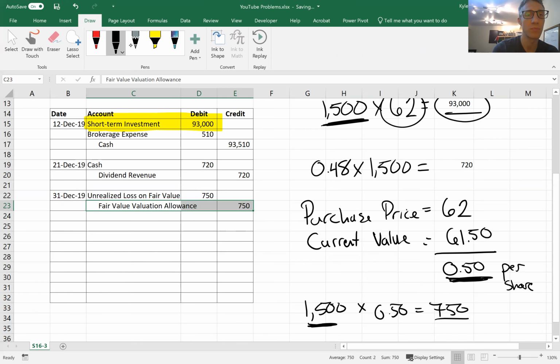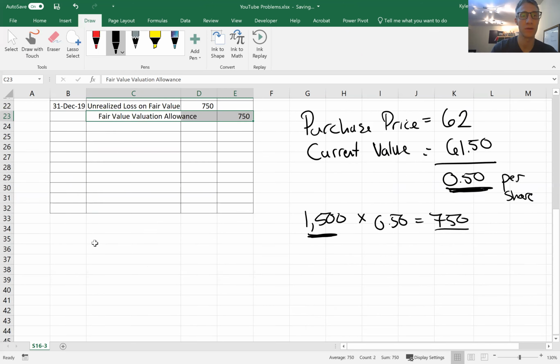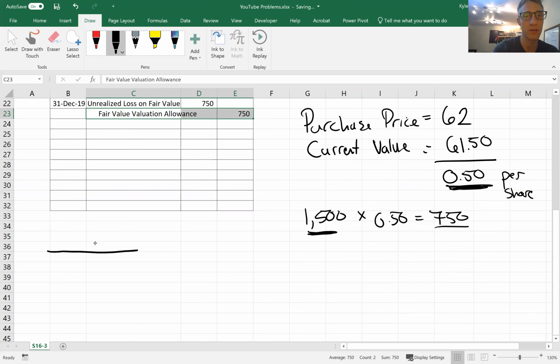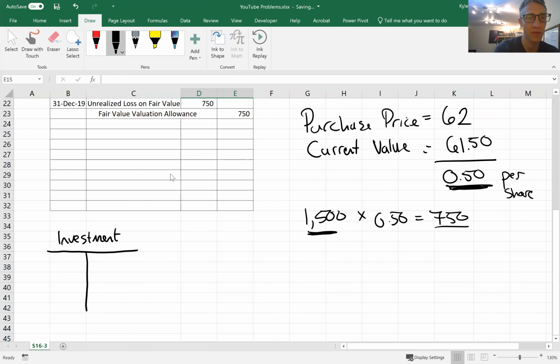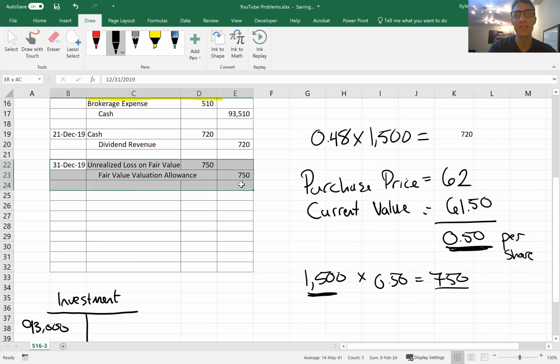And I'm going to post that to a T account. I'm going to do that as a T account down here. I'm just going to call it investment, though, to save time. And the amount of the investment was $93,000. We recognized at year end, though, because we adjusted to its fair value, this fair value valuation allowance.